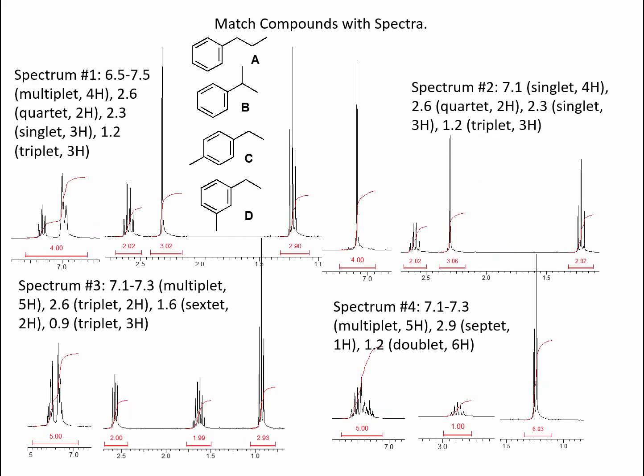Now let's move on. Okay, here's another matching problem. Let's match the compounds with the spectra here. Okay, in this one, I've also got the spectra listed here, as well as pictured. Some of these spectra have peaks that we call multiplets.